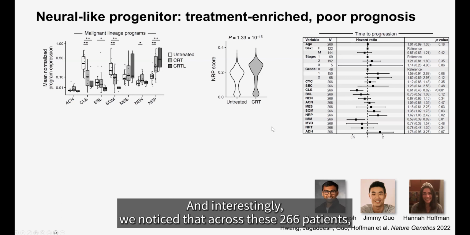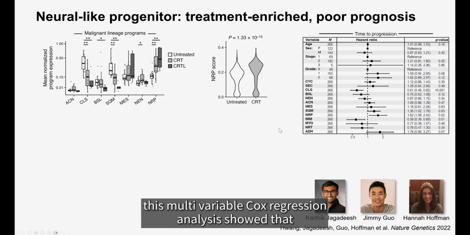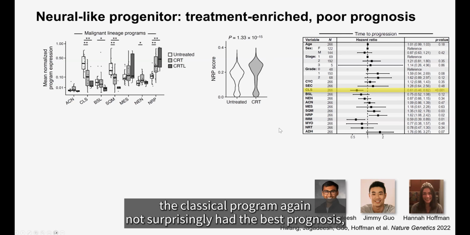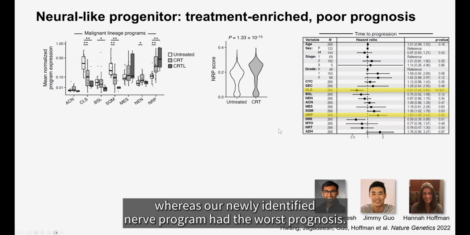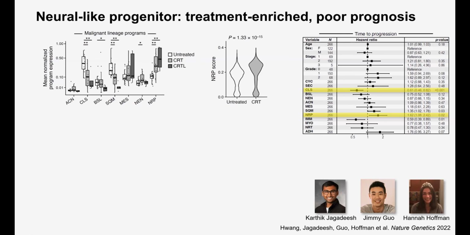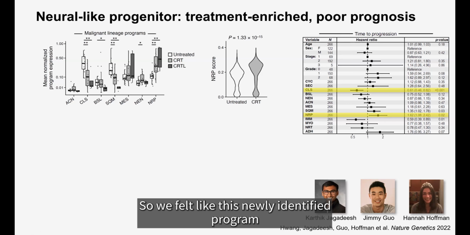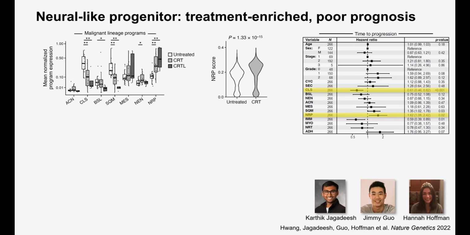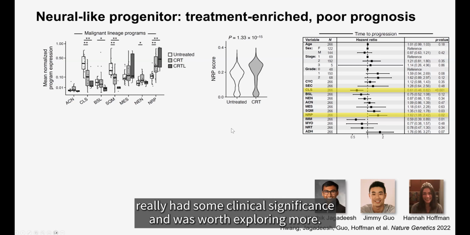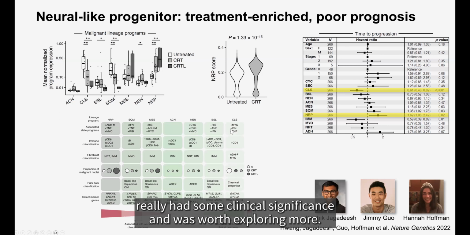And interestingly, we noticed that across these 266 patients, this multivariable Cox regression analysis showed that the classical program, again, not surprisingly, had the best prognosis, whereas our newly identified NERP program had the worst prognosis. So we felt like this newly identified program really had some clinical significance and was worth exploring more.